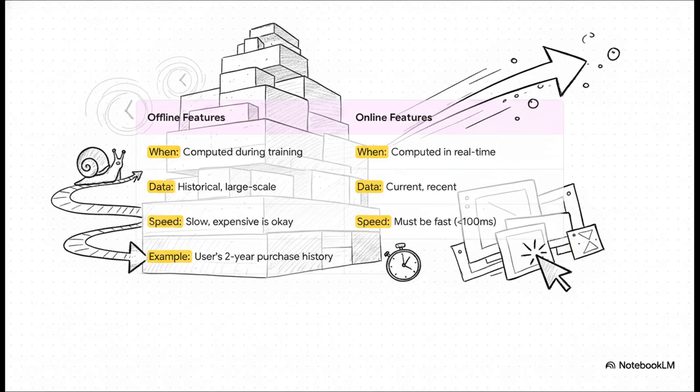Offline, when we're training the model, we can afford to be slow. We can be expensive. We can analyze a user's entire 2-year purchase history if we want. But online, when that user is sitting there waiting for a recommendation, we've got less than 100 milliseconds. We can only look at super recent stuff, like what they've clicked in the last 5 minutes.